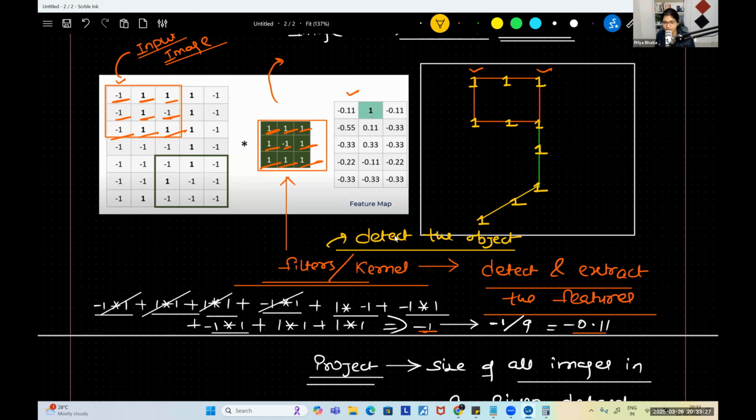As soon as you write 3 cross 3, automatically this specific matrix will be already defined in a CNN model, and it will be able to perform this specific task. So you don't need to cram it. You should just know how it actually detects the feature. That's the whole idea.